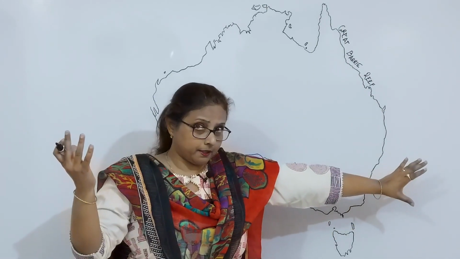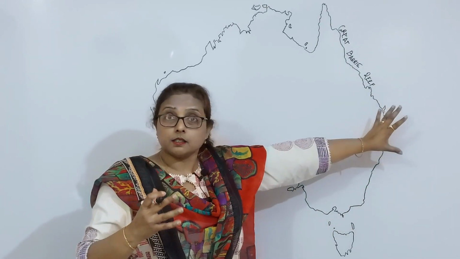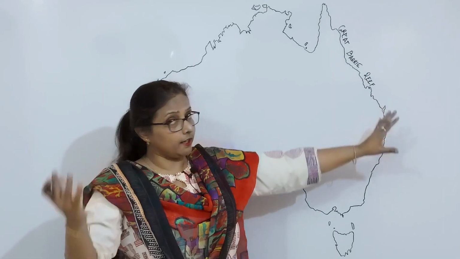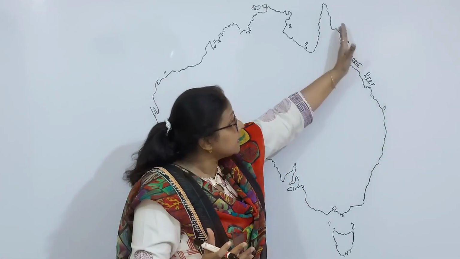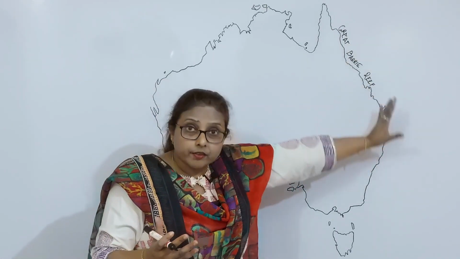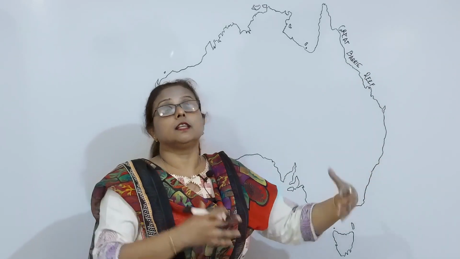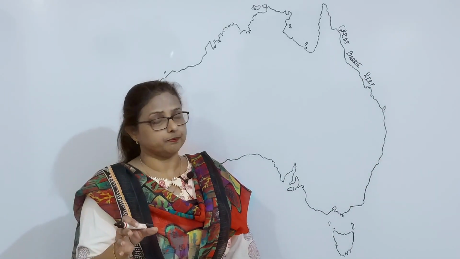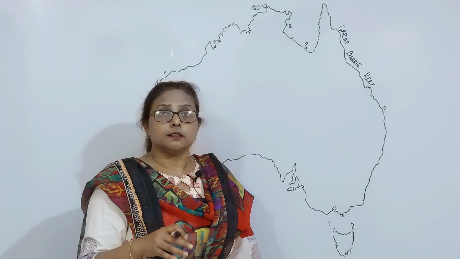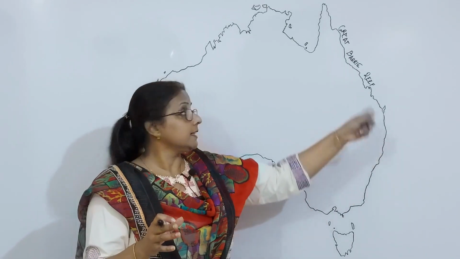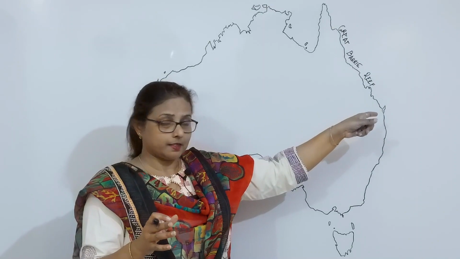Just like we have tropical forests on the land which have a lot of biodiversity, the coral reefs under the sea provide a huge amount of biodiversity. That is why they are known as the tropical forests under the sea.